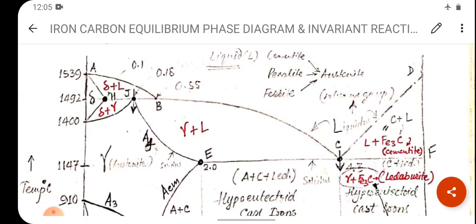And below that triangle, a curved triangle, there is another triangle, a smaller triangle, that is it will give you delta plus gamma. Gamma is known as austenite.